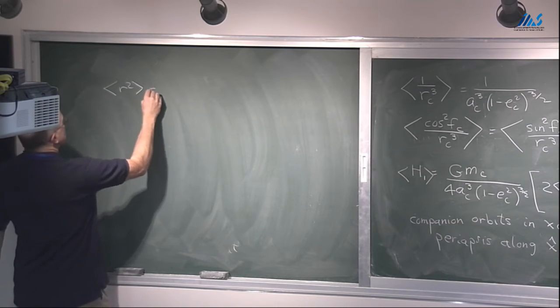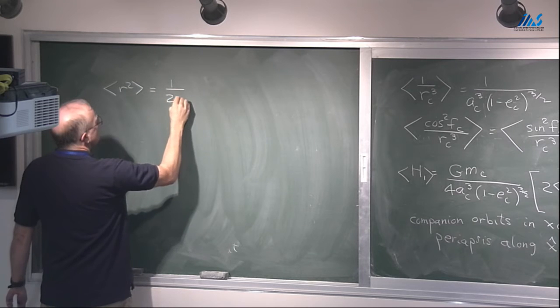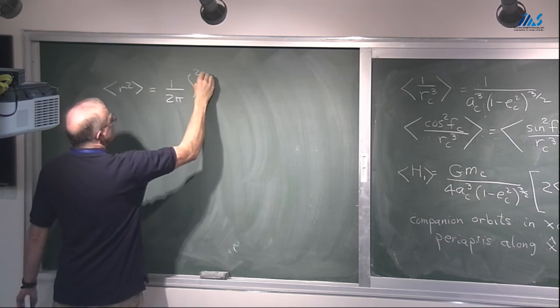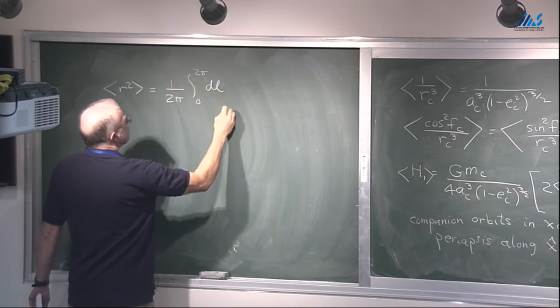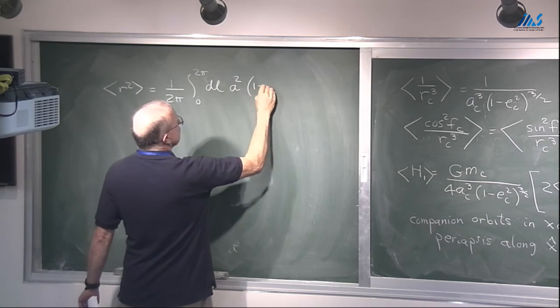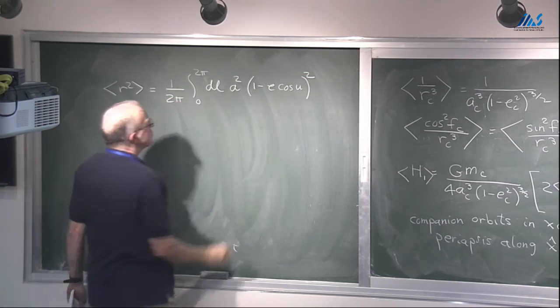So the expectation of r squared is 1 over 2 pi integral over time, or integral over the mean anomaly of r, and in terms of the eccentric anomaly, this is a(1 minus e cos u) squared.